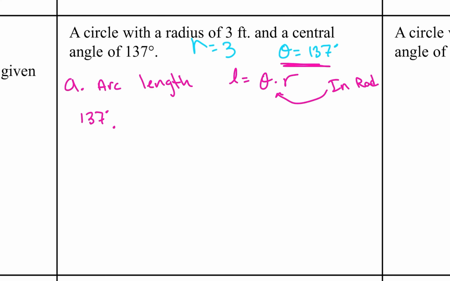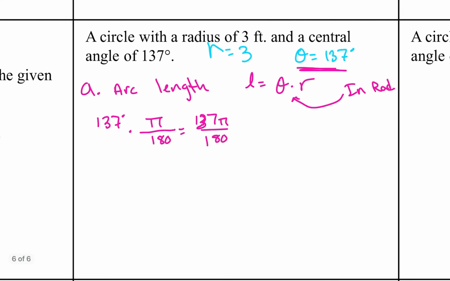So 137 degrees multiplied by pi over 180 to do our conversion. 137 divided by 180. I don't know if that simplifies. Let's find out. It does not. We just end up with 137 pi over 180. So now I know what theta is.